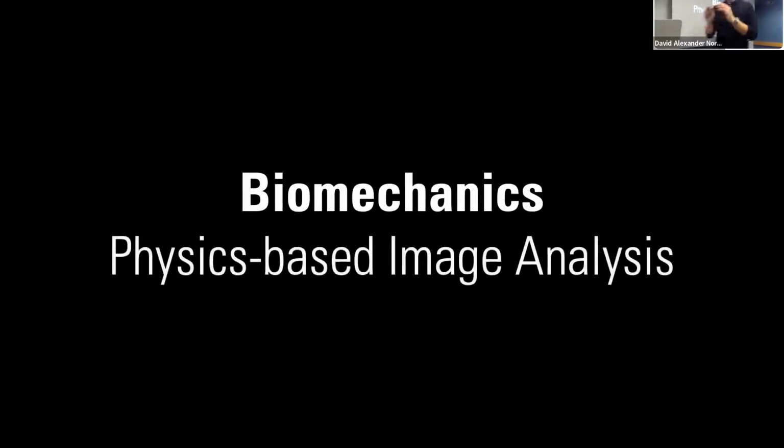So then we're not really modeling anything per se, we're just using physics principles. The other way is to say that we're going to actually try to simulate what's happening in vivo using computational techniques like finite elements, okay? So I'm going to first just quickly talk about the physics-based image analysis, and then I'll jump into how we do modeling.